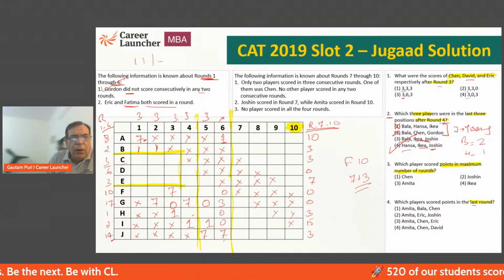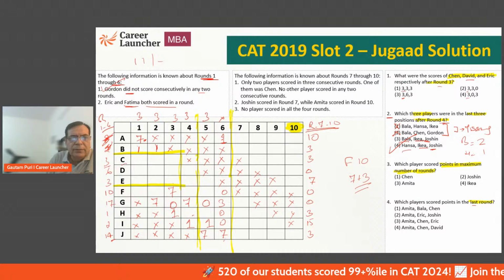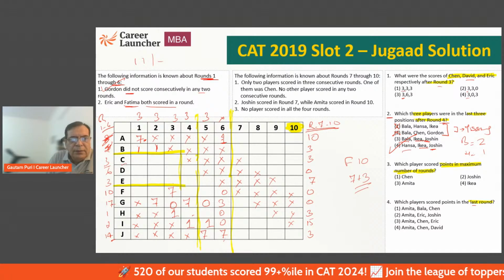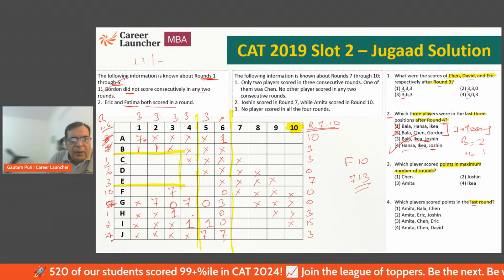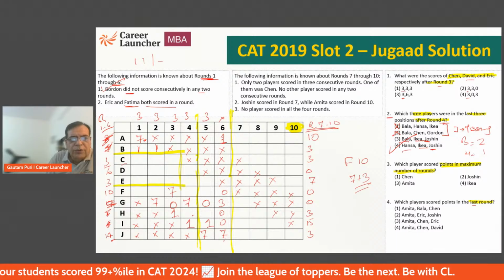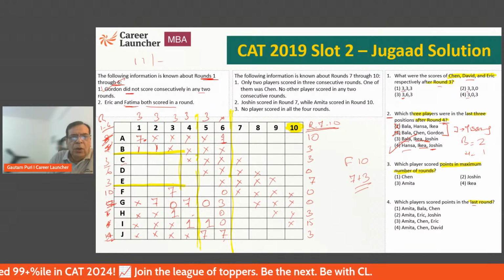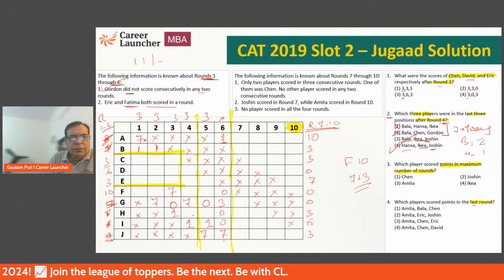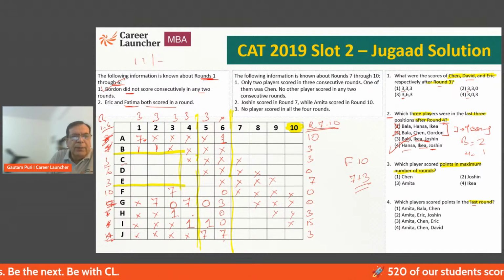Now this is gone, this is gone. 3, 6, 3. Then 17 is done, 1 is done, 2 is done, 14 is done. So E and F both scored in the same round.